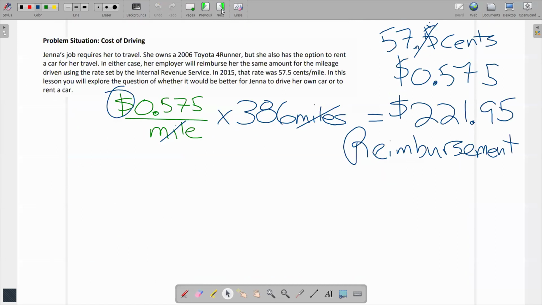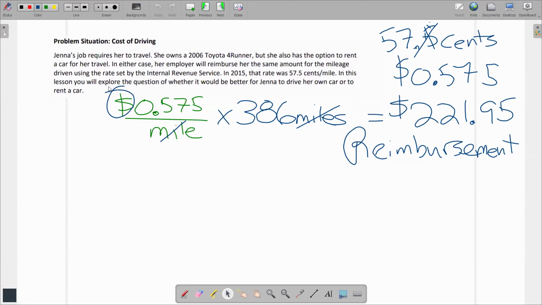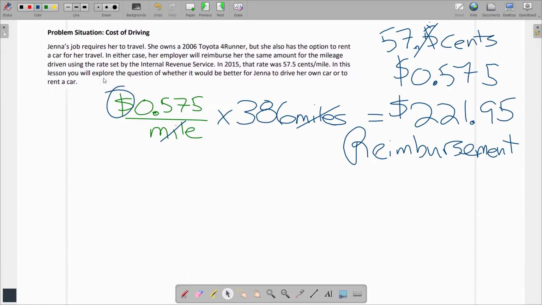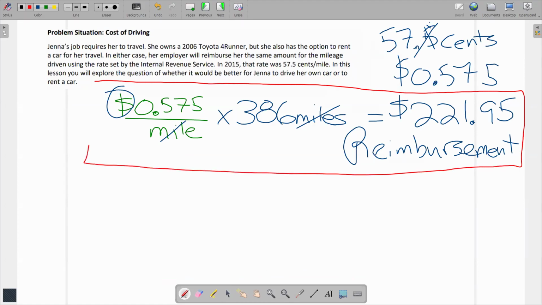Of reimbursement. Okay. And at times, because I was given money per mile, multiplying by miles gives me money. And the miles goes away.